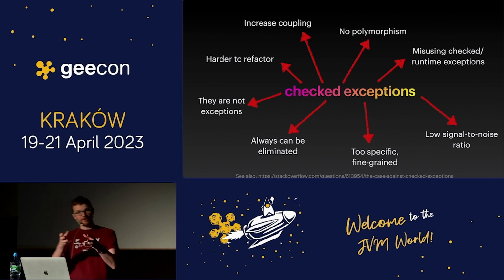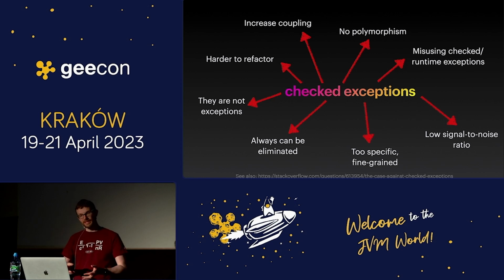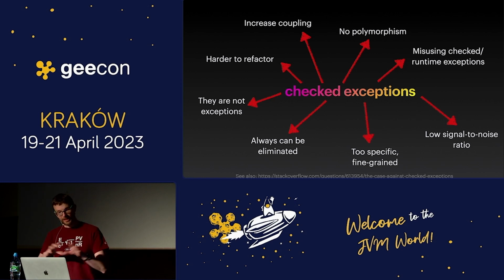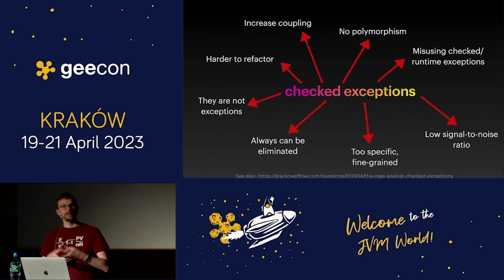And so the caller now must know what happens inside the method that it's calling. So you couple these two together. Some say that checked exceptions aren't in fact exceptions. They are just syntax sugar for alternate return values. If you have a method which throws a checked exception, what you in fact say is that this method might return, let's say, an int, or it might return this exception. We get nice syntax for that in Java, but in fact, these are alternate return values.